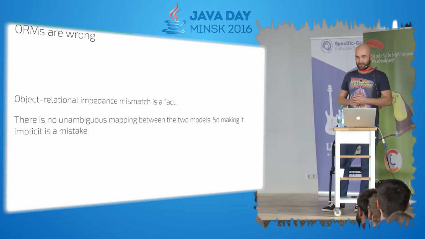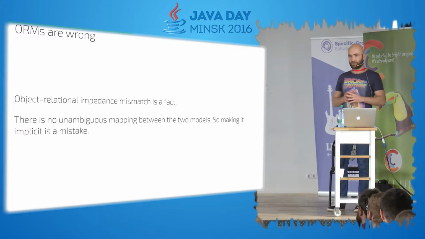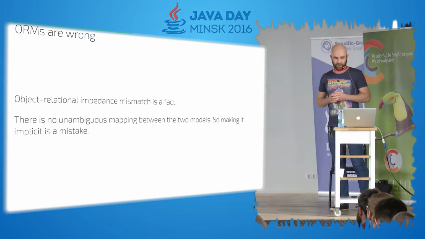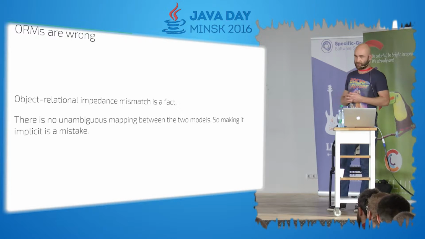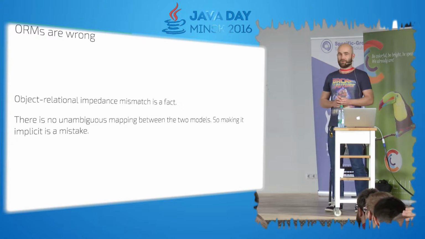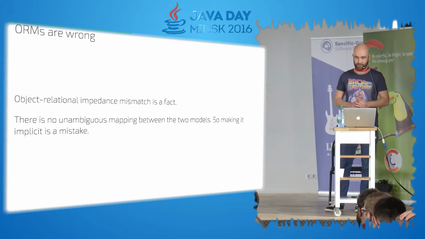And generally, those problems are grouped in a term called object relational impedance mismatch, and it is a known and established fact. You can review tons of materials on the internet, and there's actually a great article on Wikipedia, if you don't trust me, of course.